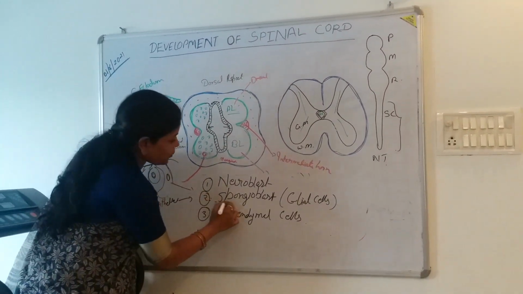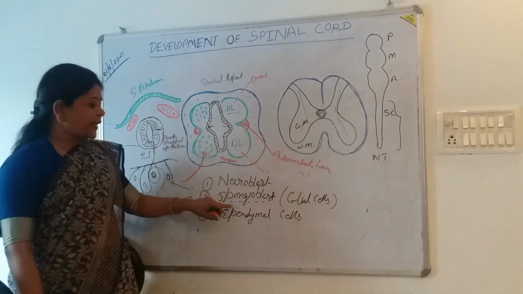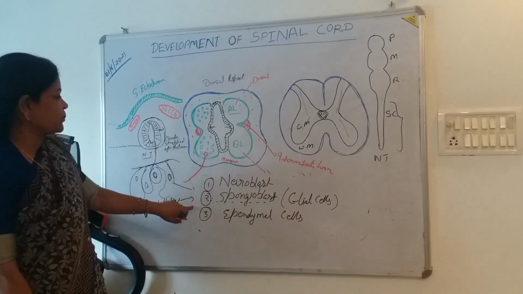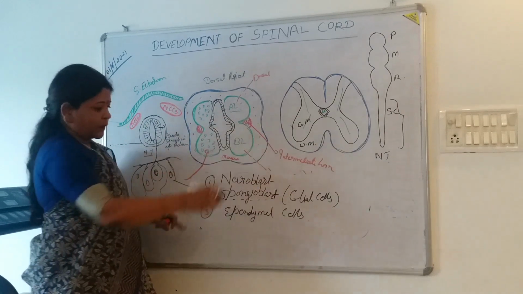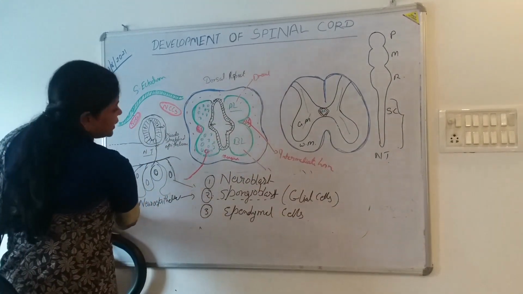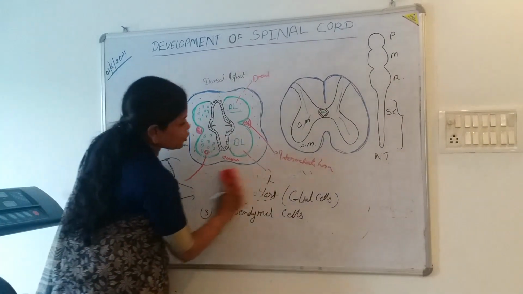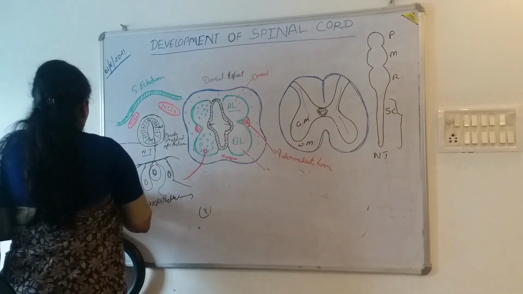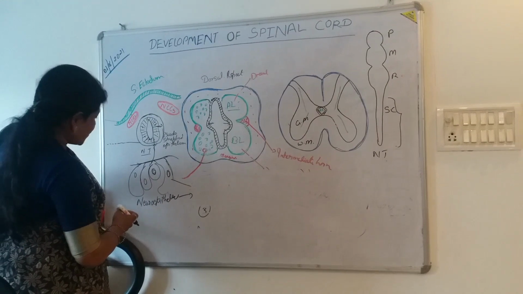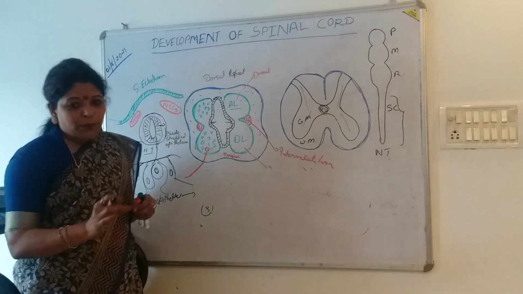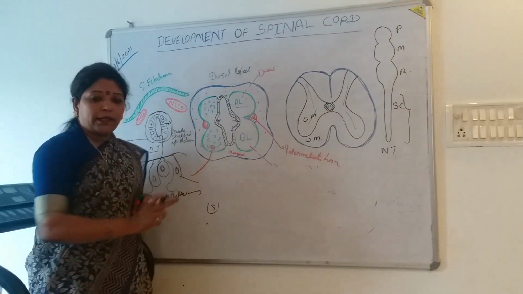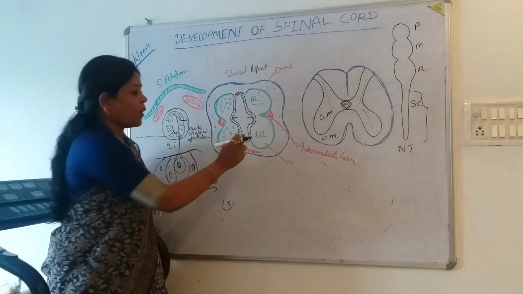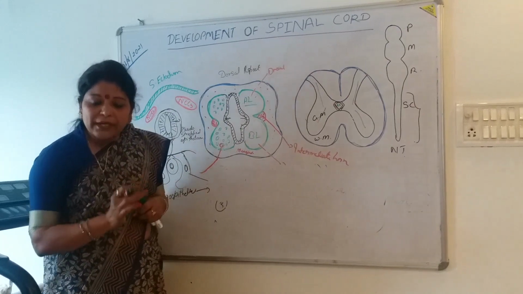So the spongioblast, look here, the second type of cells derived from these neuroepithelial cells are the glial cells. Okay, now see what the spongioblast cells or the glial cells are. Are the glial cells present only in the marginal layer due to the need of myelination, or are they also present in the mantle layer?